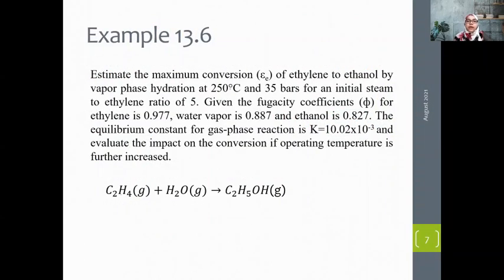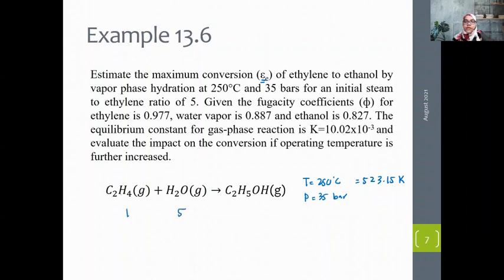Okay, estimate the maximum conversion, denoted by epsilon e, of ethylene to ethanol by vapor phase hydration. The temperature is given at 250 degrees Celsius, or 523.15 Kelvin, and the pressure is 35 bar, for an initial steam to ethylene ratio of 5, so 1:1:5.